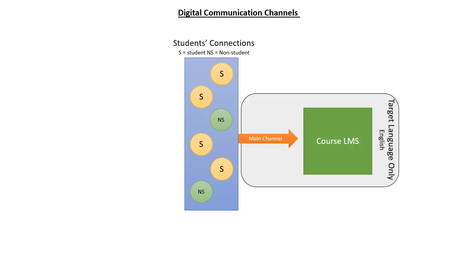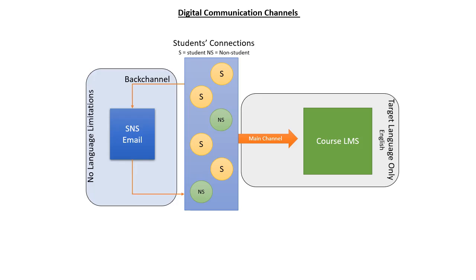The predominant digital channel is that of the online learner management system, in this case Moodle, controlled by the instructor and accessed in the target language, in this case English. The secondary channel of digital communication, or digital backchannel, is that of the outside personal communication through social network systems and email that students employ to interact in their first language, Japanese.